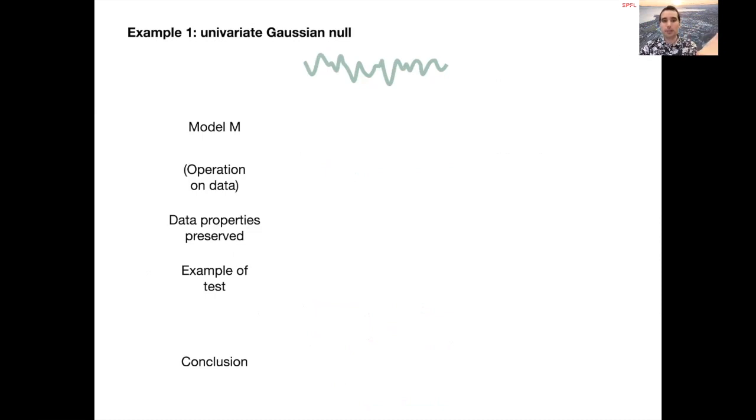The model M is that each time point has been generated by a Gaussian distribution with a mean mu and a standard deviation sigma. So here it's important to understand that the horizontal axis is time, and this model assumes that each time point at each time step is generated separately as a realization of a Gaussian distribution. So in particular, there is no link between successive time points.